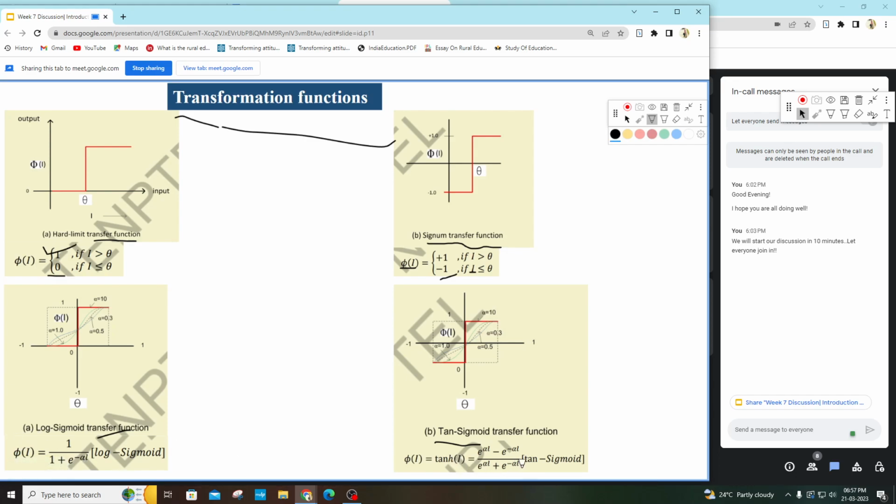Similarly for the other, when you put O1 in place of L, you will get this output. So this is known as log sigmoid and this is known as tan sigmoid. These are the four main transformation functions, also known as activation functions.